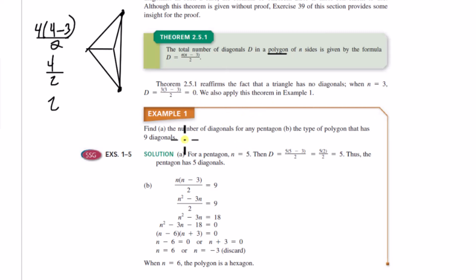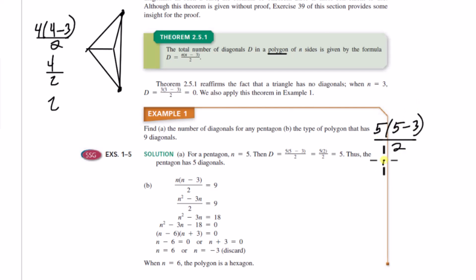Find the number of diagonals for any pentagon. That's part A, and then part B, the type of polygon that has 9 diagonals.